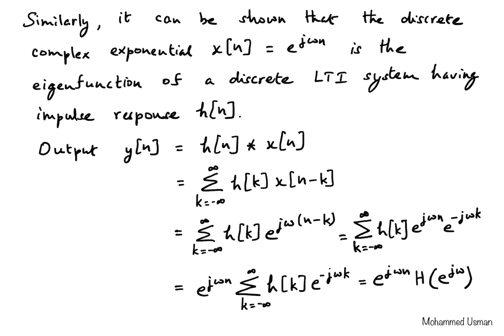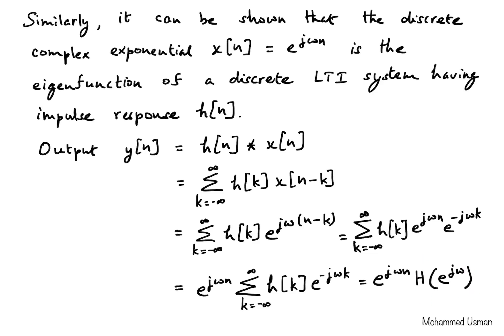So we have split that, and since the summation is in terms of k, the n term has no k here, so e power j omega n can be taken out of the summation, and that leaves us with the output y of n given as e power j omega n times this summation h of k e power minus j omega k, which we denote as H of e power j omega.